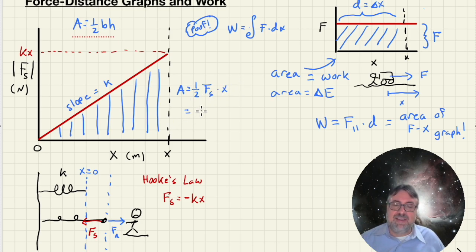But again, the force is kx. And so I get that the area of this force distance graph is equal to 1/2 kx squared. And that is, in fact, where the equation comes from for elastic potential energy.